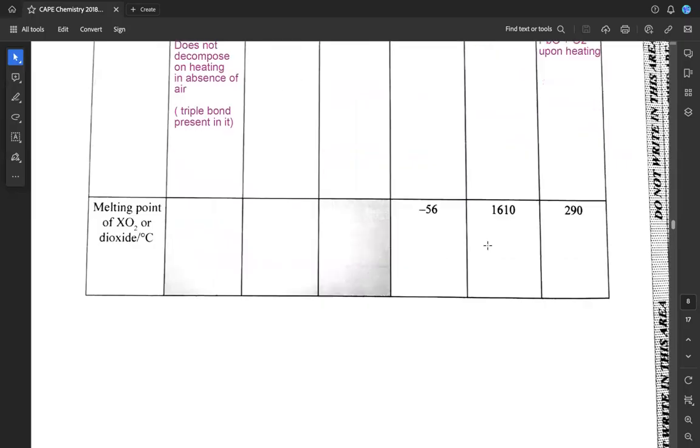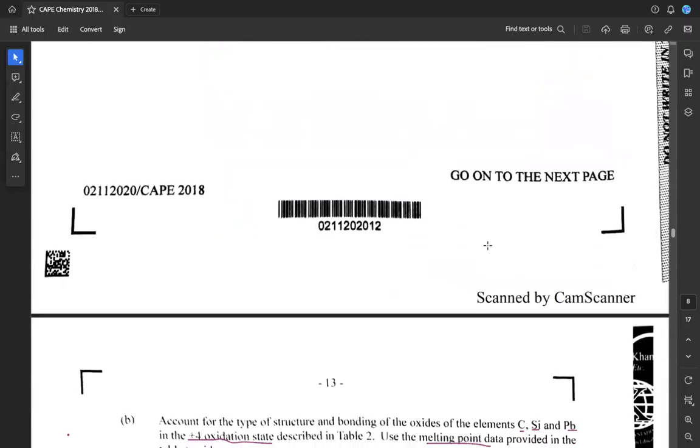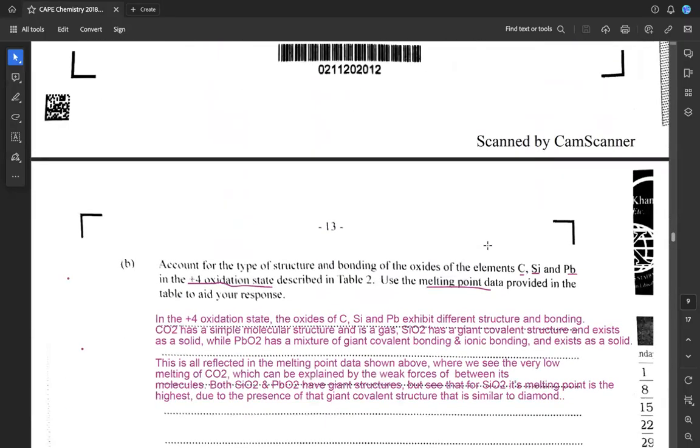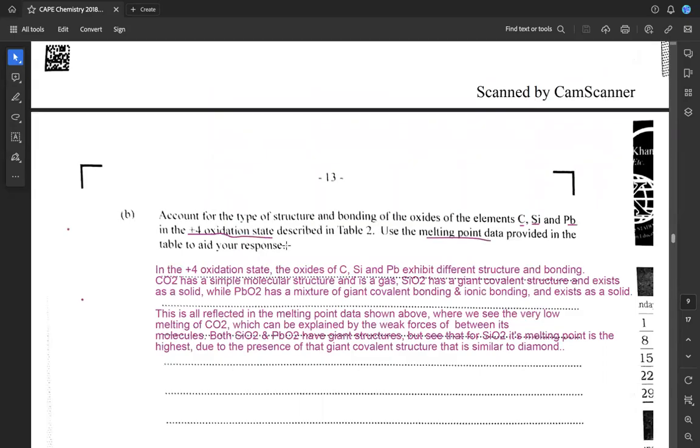So let's rationalize that a little bit now. Let's explain why that might be the case, is what they're asking us to do, right? So what we can say is that in the +4 oxidation state, right, the oxides of carbon, silicon, and lead, they exhibit different structure and bonding.